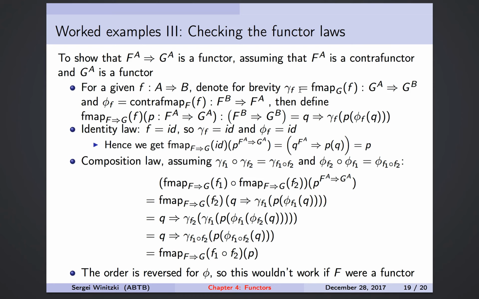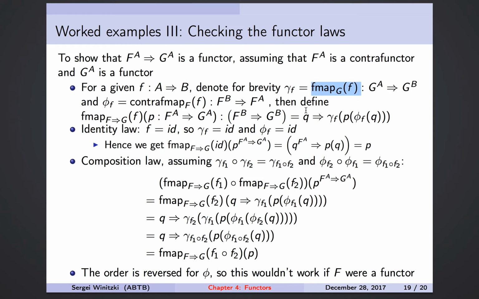So here it will help if we have some shorter notations, definitions. So instead of fmap g of f, I would just write gamma f. Instead of contramap f of f, I would write phi of f, phi f. So phi for f and gamma for g. I'm just replacing Latin letters with Greek ones.